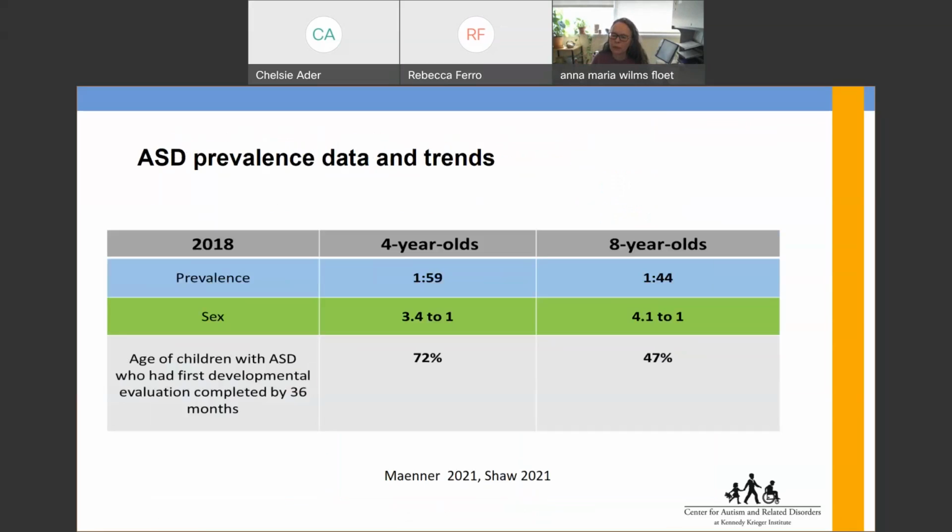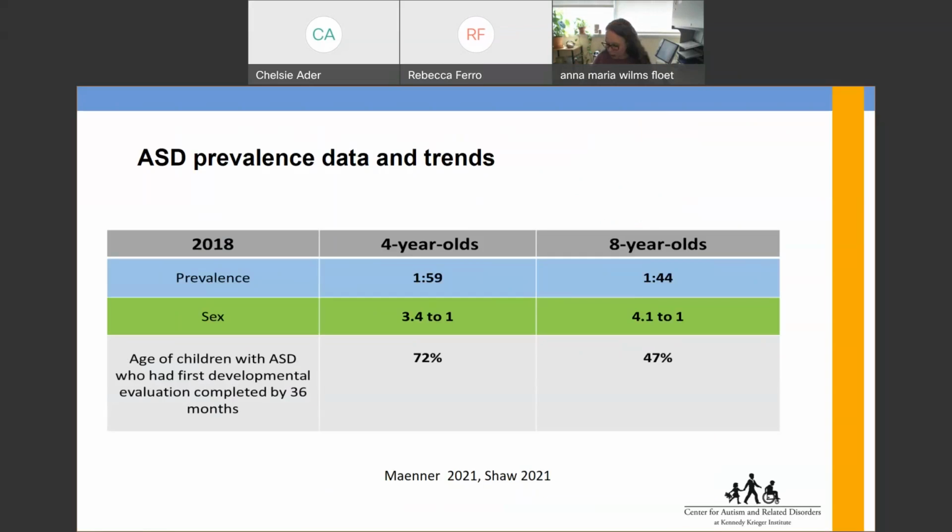So the most updated information regarding prevalence is that 1 in 44 8-year-old children have a diagnosis of autism. And this has been well known from an epidemiology perspective, but it's more common in boys than girls. And that has persistently been demonstrated with epidemiology data.